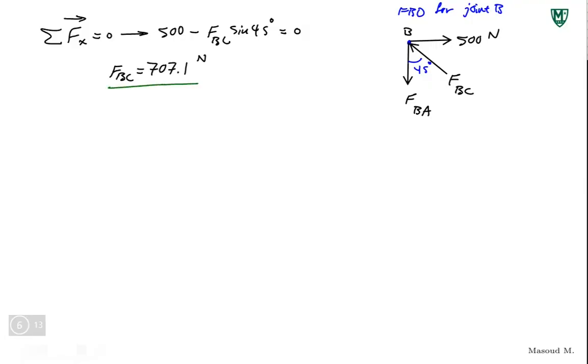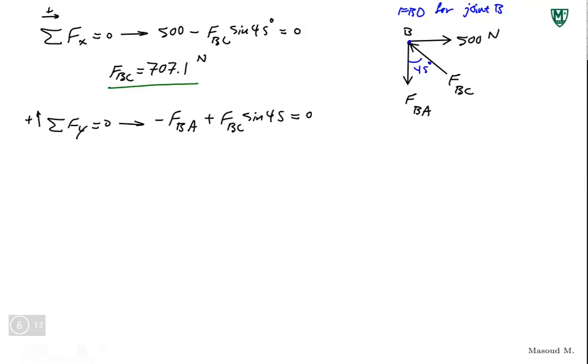So I found F_BC, the internal force in member BC. Summation of forces in y direction is equal to 0. So minus F_BA, right? Well, it's y direction, so let me be more clear. This is the positive direction, and this is the positive direction. So minus F_BA plus F_BC sine 45 degrees is equal to 0.